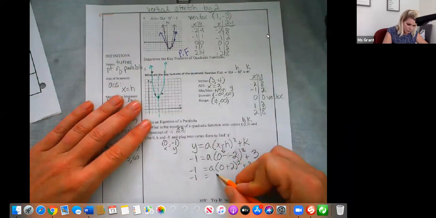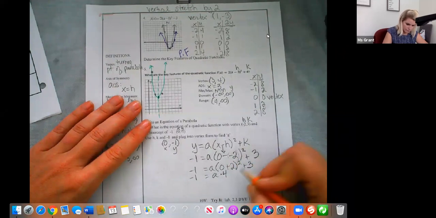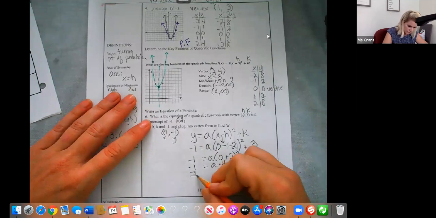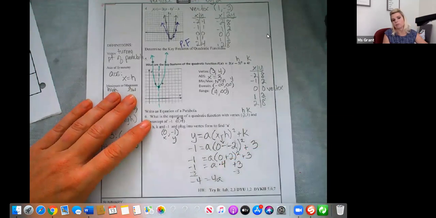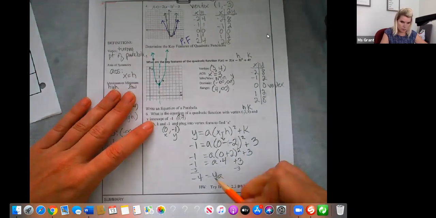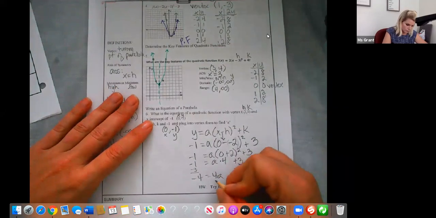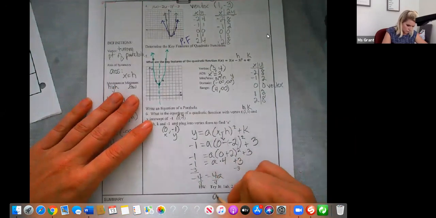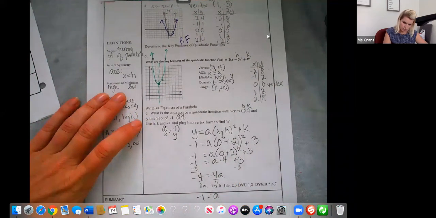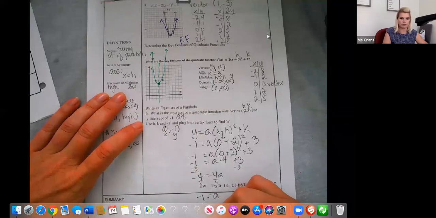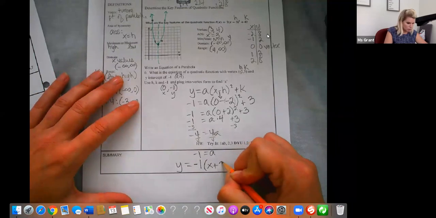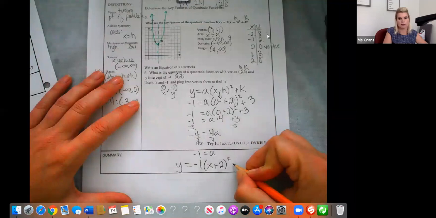Go ahead. 2 squared is 4. Subtract 3 from both sides. Divide by 4 to get a alone. So here we go. A is negative 1. Y equals negative 1 times x plus 2 squared plus 3.